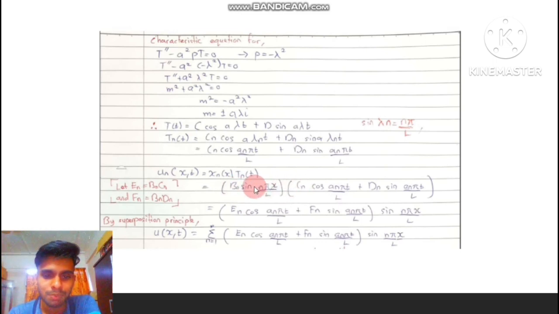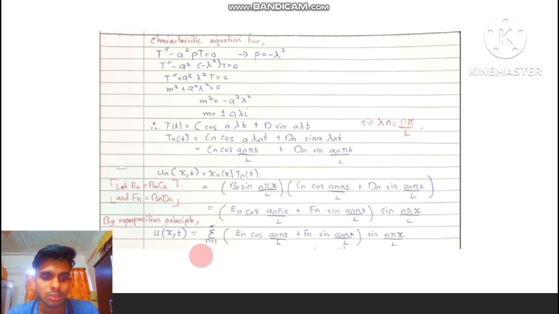You can simplify it by letting b n c n equal E n, and b n d n equal F n. So we will get E n cos a n pi t over L plus F n sin a n pi t over L, times sin n pi x over L.